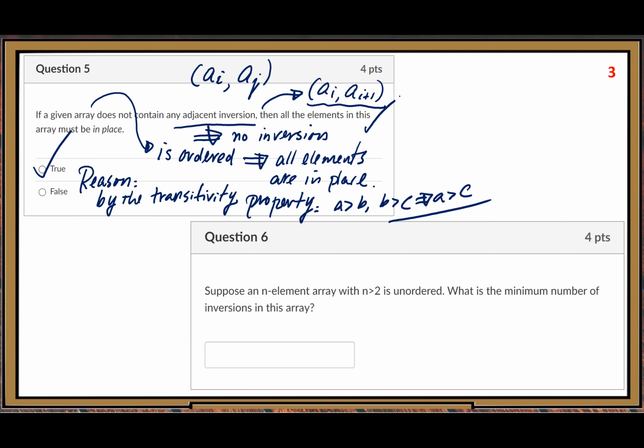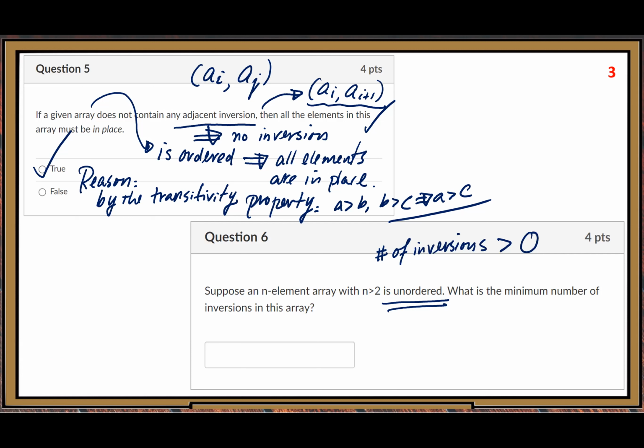Number 6. Here, first, the whole array is unordered. That tells us one fact: the number of inversions should be greater than 0. It cannot be 0, otherwise it is ordered.